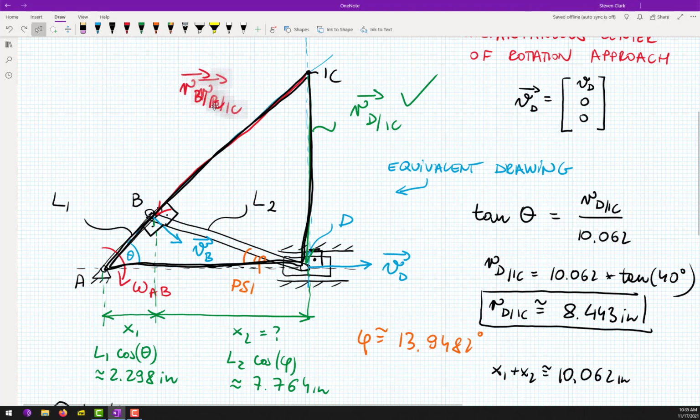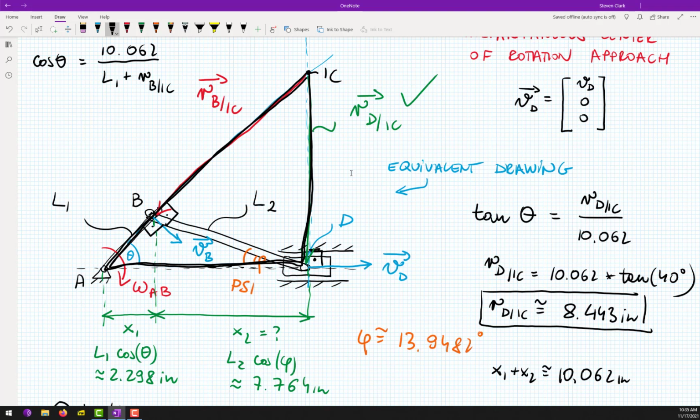So I think that cosine theta in that black triangle is equal to 10.062 divided by L1 plus RBIC. Do you agree?